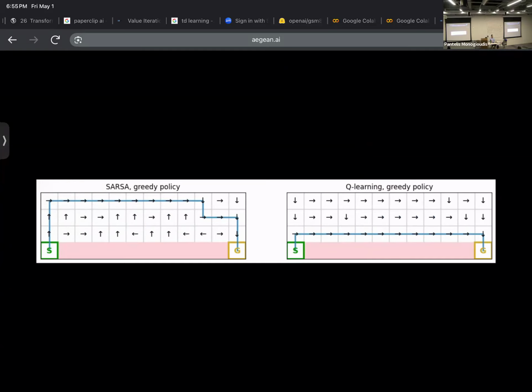SARSA, as you can see, steers away from this, I will call it, risky area that is associated with this red zone. When you fall in the red zone, because of the stochasticity of the environment, as you see in the example, you may go sideways, so you may fall into the red zone, and SARSA is able to steer away from it because of this expectation calculation.